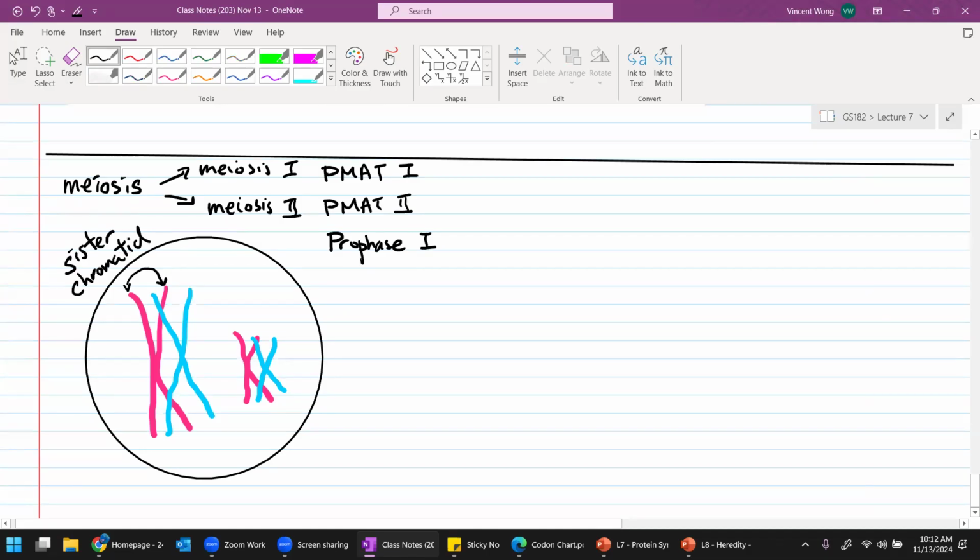Yeah, chromatid, right? Sister chromatids. Sister chromatids are identical to each other in every single way. Okay? You just copy the whole DNA. How about the red one and the blue one? What do we call the red one and the blue one?